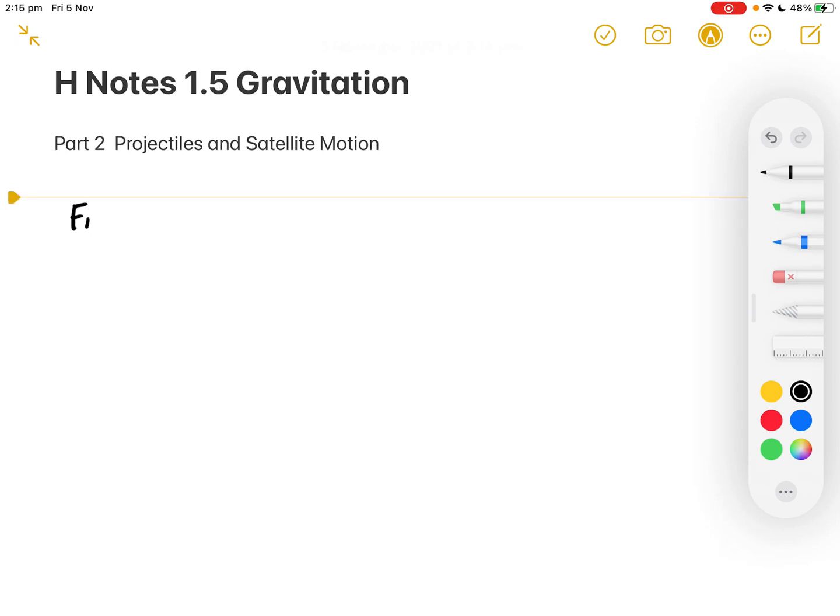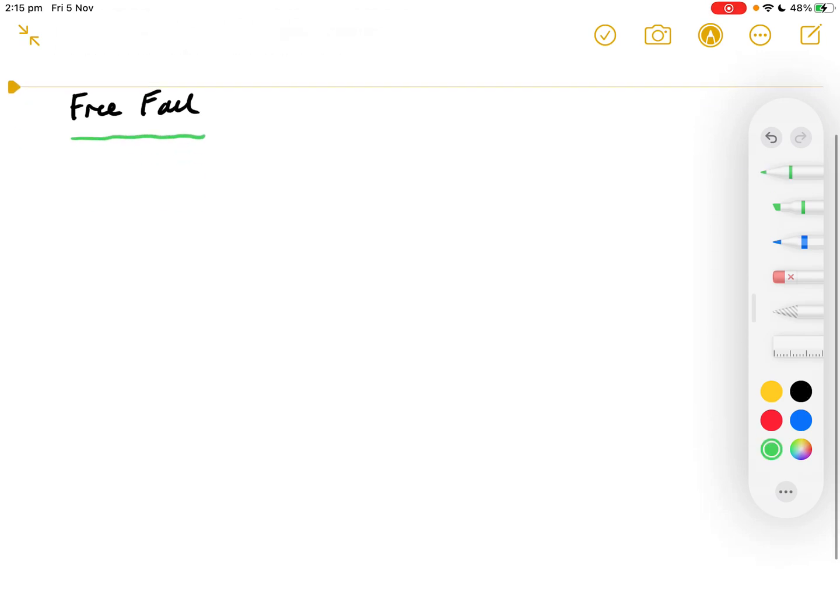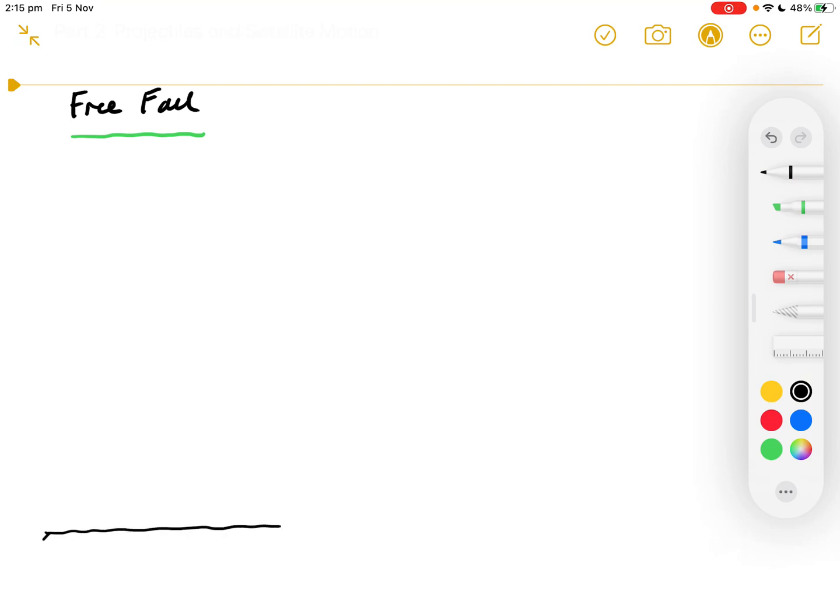Let's just recap a little bit on what we mean by free fall. So a body in free fall is one that's dropped under gravity and falls.